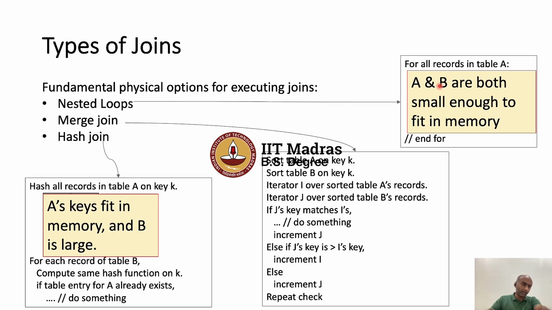So again, notice what I'm saying here. I'm not saying the entire table fits in memory. I'm saying that the set of keys which are possible, or the set of keys which are actually present in table A, that unique set of keys fits in memory.